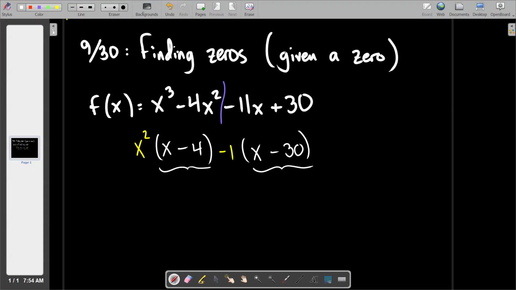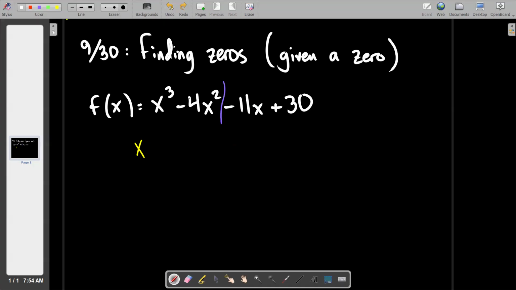If you look up above, you'll see that it says that you will be given 1 zero. And there's different means through which this can be accomplished. Sometimes it'll be a graph, but for us today, there will be no graph given, but rather you'll be told something like this. And that information will come at you in a couple of different ways.